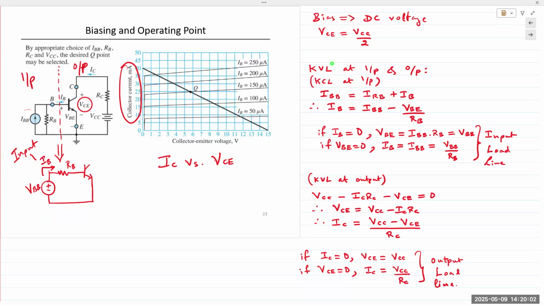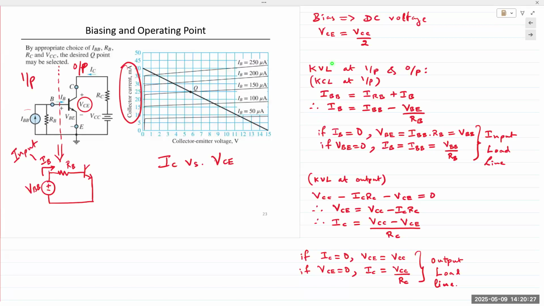Whether you use a current source or a voltage source, the approach remains the same. If we use a current source, we apply KCL. If we use a voltage source, then we apply KVL. The end result is going to be the same. We'll obtain this exact expression.